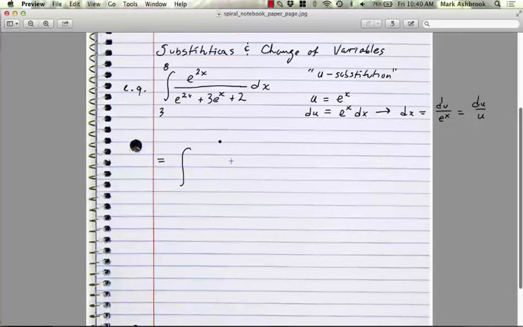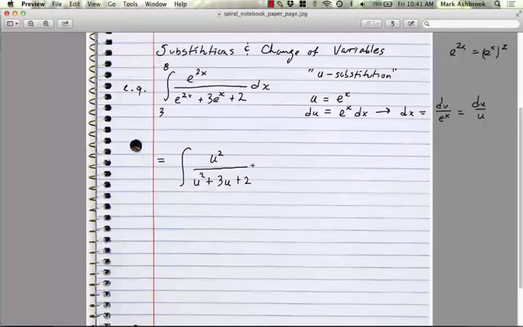Okay, so we got e to the 2x. If e to the x is u, what's e to the 2x? u squared. Yeah, that's u squared, right? So e to the 2x is e to the x quantity squared. So that's u squared plus 3u plus 2.